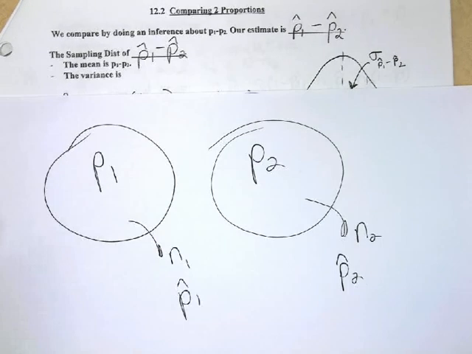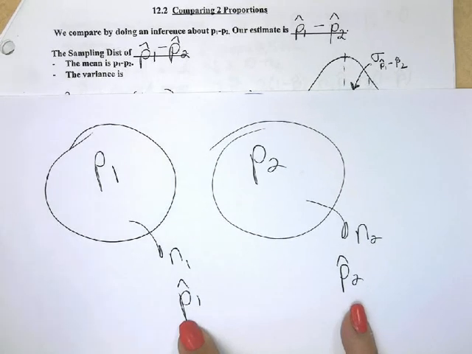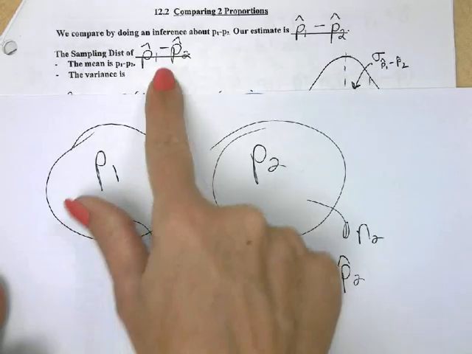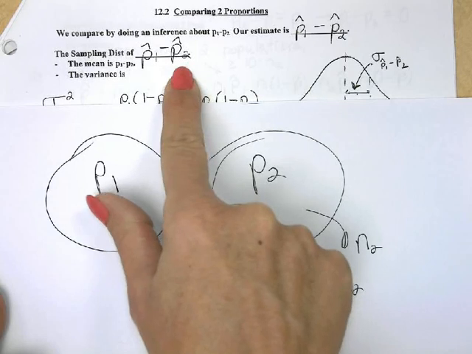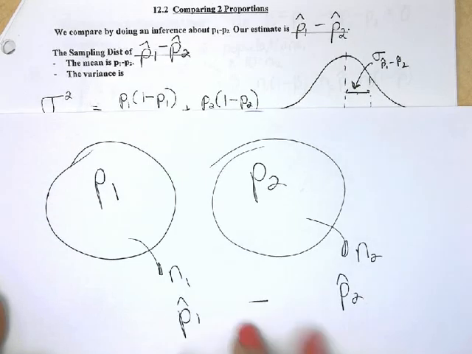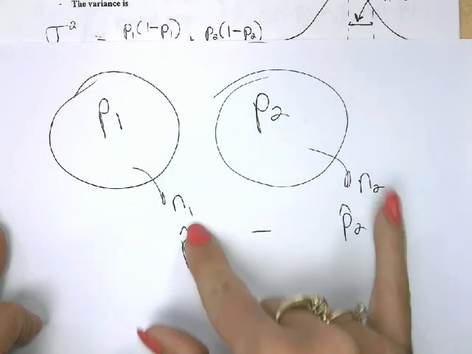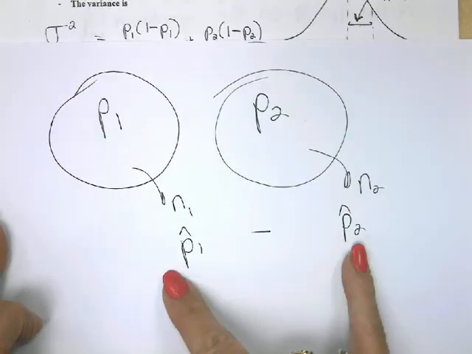And what are we going to do? We're going to subtract these p-hats. And if we do this over and over and over again, remember we get a sampling distribution for the difference between these p-hats. Now, what should the mean be if I continue to get groups of n1, n2, and calculate the proportion of each one?